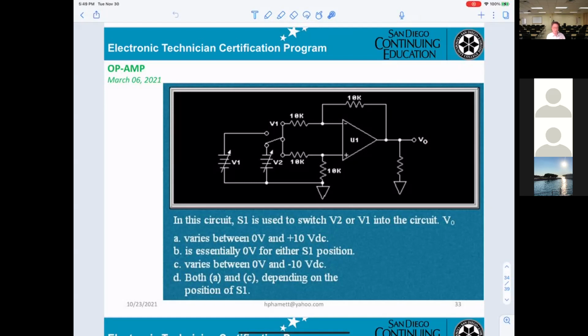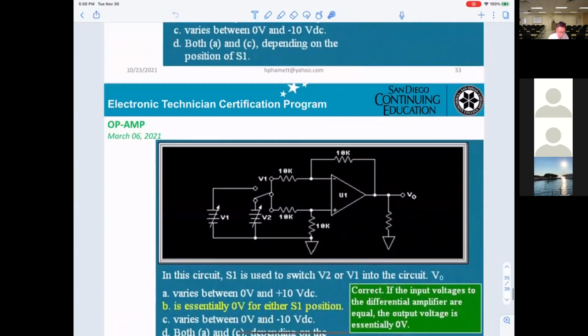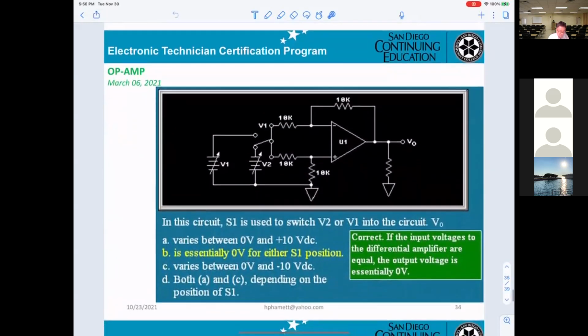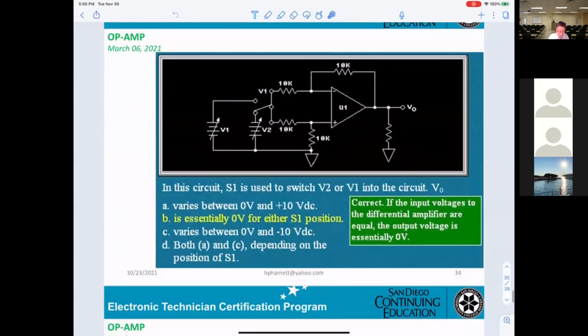So A or B or C or D? B, correct. B is essentially 0 volt for either switch position. You see that? That is the answer.